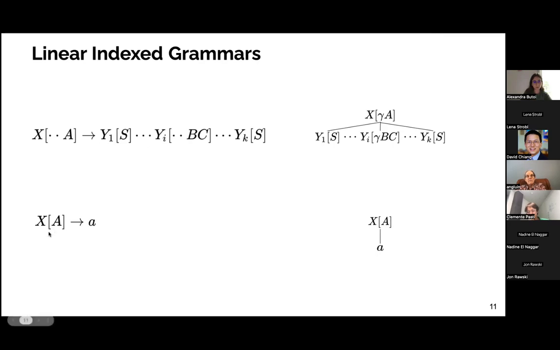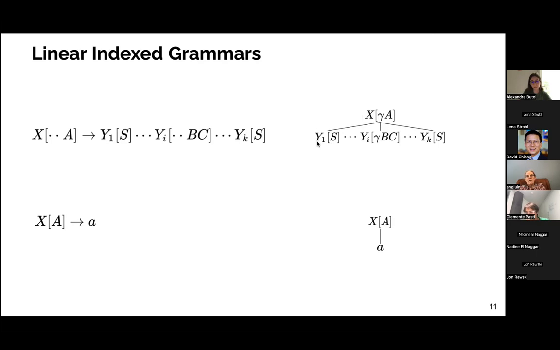And also you have terminal rules, which are of the form X augmented with the stack that has only a symbol A, which gets rewritten to a terminal node. In a derivation tree, they would look like the trees on the right. If you have a node that's augmented with a stack gamma A, then it would be split.